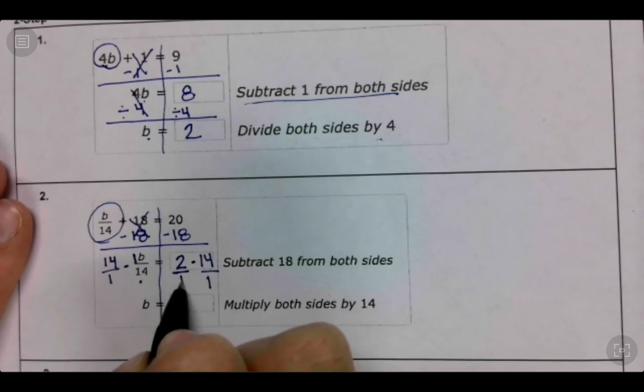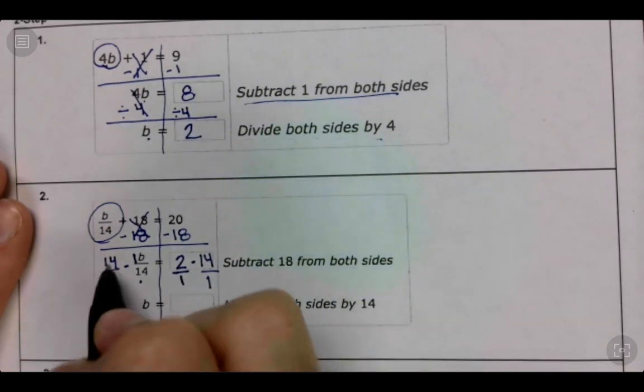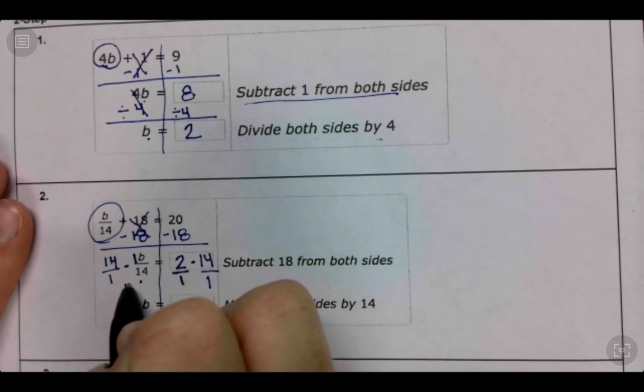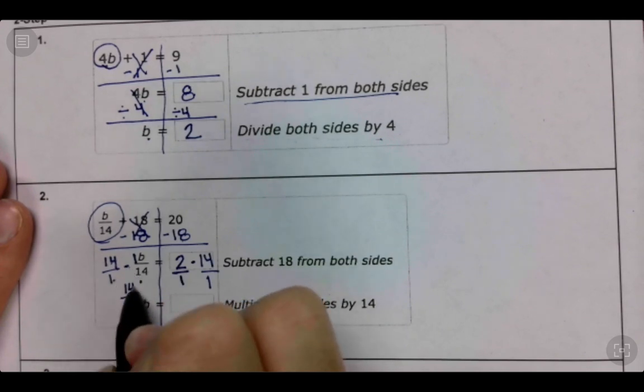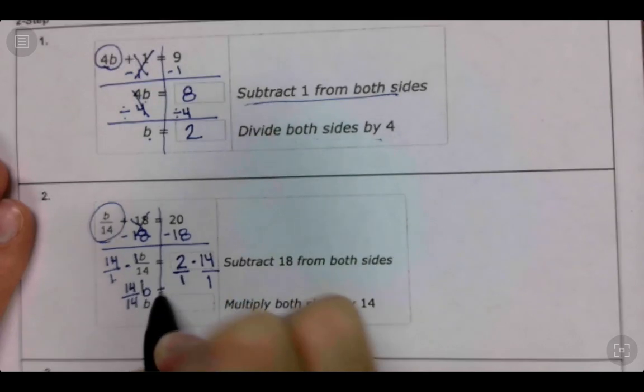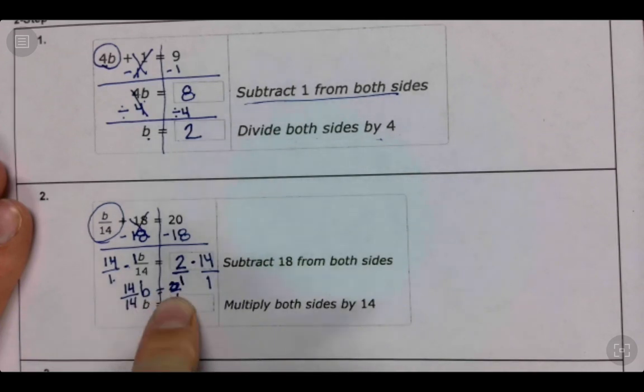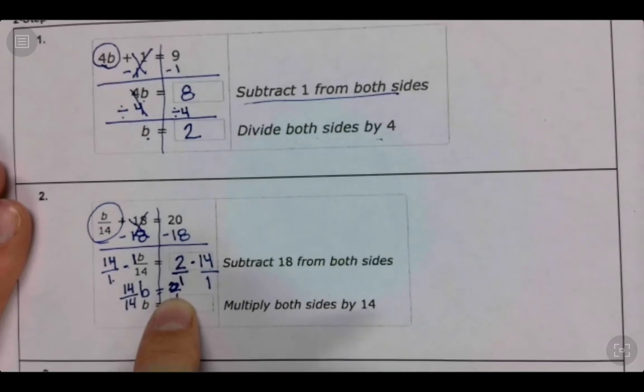Remember how when we multiply, we put that 1 underneath. So 14 times 1 is 14 over 1 times 14 is 14, and b. Then we have 2 times 14, which is 28 over 1. I know you can't really see that, but again, that is a 28 over 1.